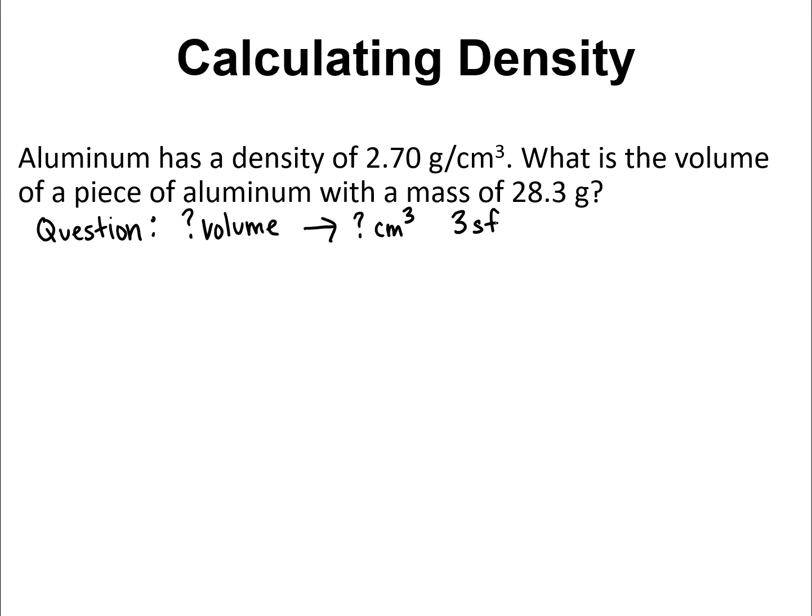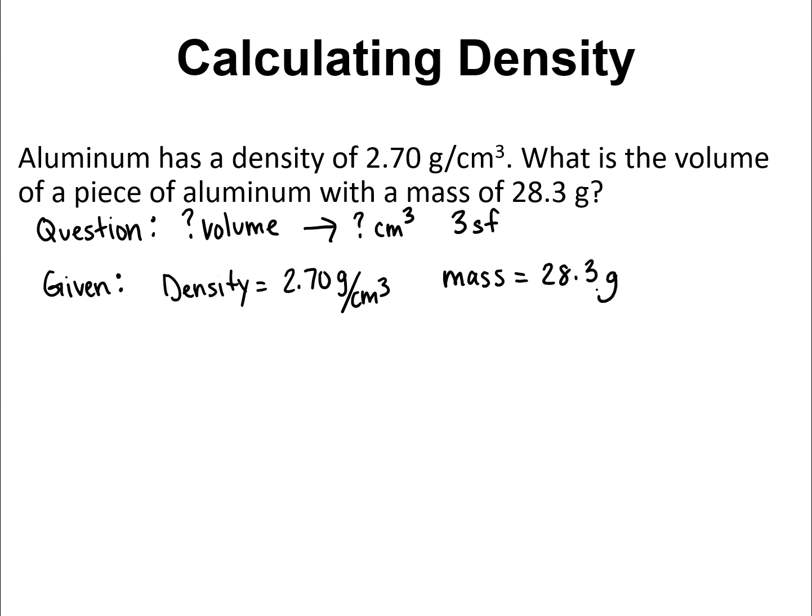Because each of the values that we have has 3 sig figs. What we're given is a density, and we're also given a mass. That's directly from the problem. But we also know something.